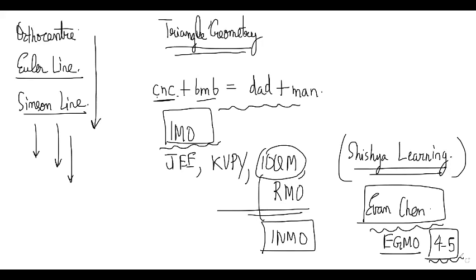Don't try to do this right now. Do trigonometry, SL Loney, and Pathfinder, senior Pathfinder examples. These are the things that are important for you right now. Don't do Yufei Zhao handouts right now.